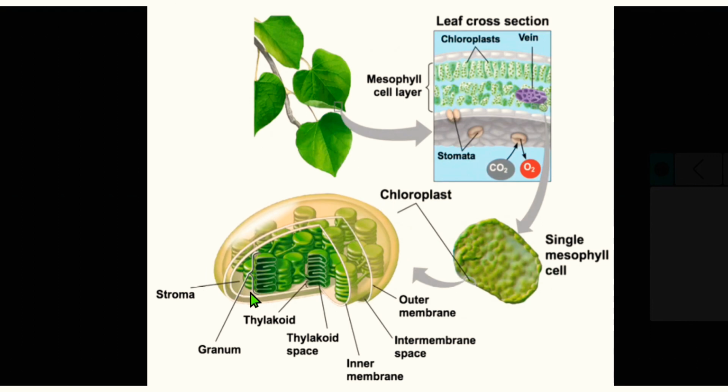This is the chloroplast. This is stroma. This is granum. This is thylakoids. This is the outer membrane. This is the inner membrane. Between the outer membrane and inner membrane, the intermembrane space is present. Move to the next.